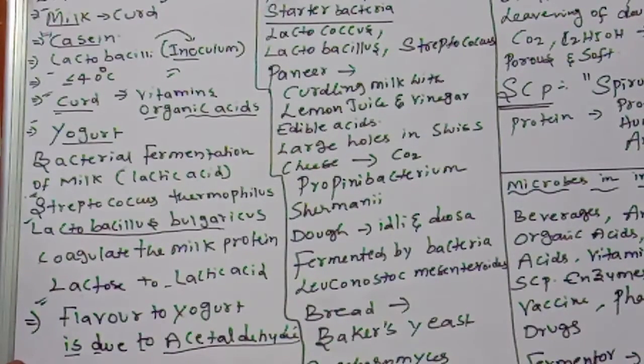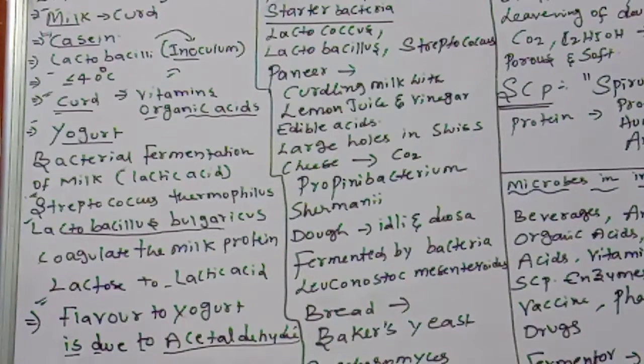Next, come to cheese. What is cheese? We use cheese in making some sweets and food items. It is also made by lactic acid bacteria, useful bacteria like Lactobacillus.